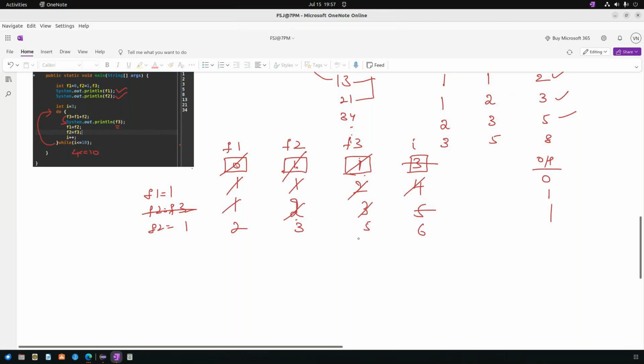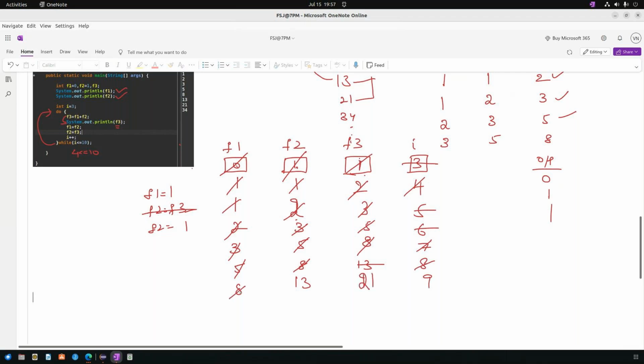So when you go for 6, this value will be 3, this value will be 5, so this value will be 8. When you say 7, this value will be 5, this value will be 8, this value will be 13. When you go for 8, this value will be 8 and this value will be 13, and this is 21. Like this the rounds go on.